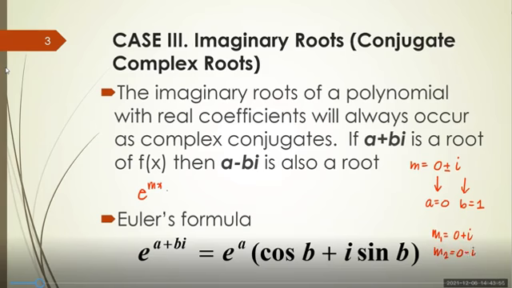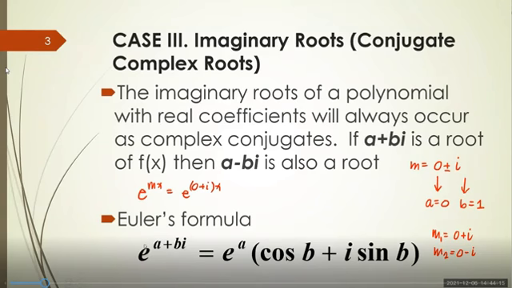Let's just take, for example, the 0 plus i. This would be e to the 0 plus i times x, right? And if it's 0 minus i, it's going to be e raised to 0 minus i x.